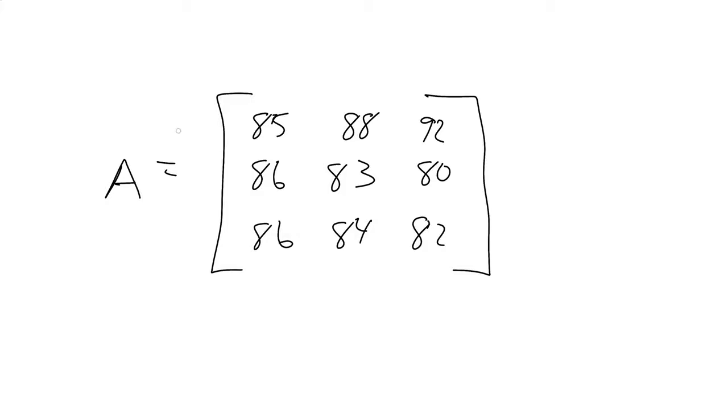But maybe my rows aren't labeled that way. Maybe my rows are labeled Richmond, Fredericksburg, and Charlottesville. And my columns are named Monday, Tuesday, Wednesday, because maybe this is a matrix giving me the high temperatures in those various cities on various days.